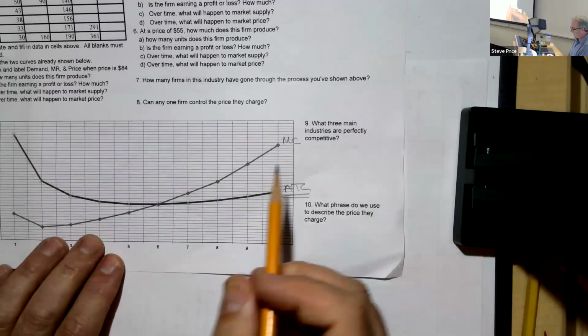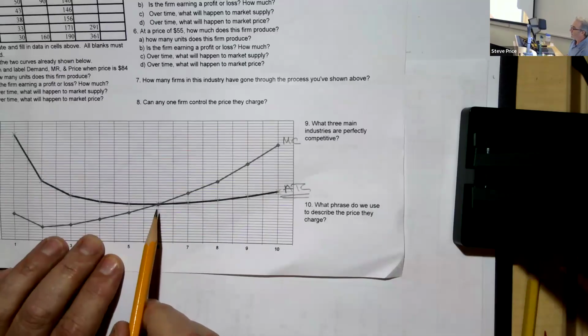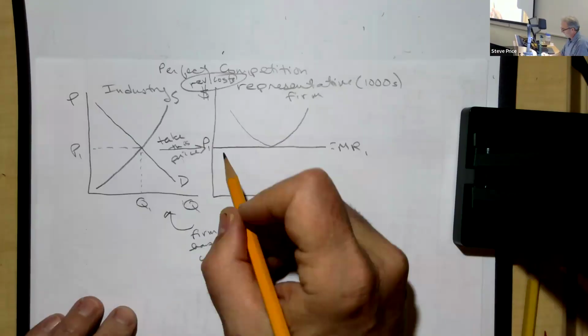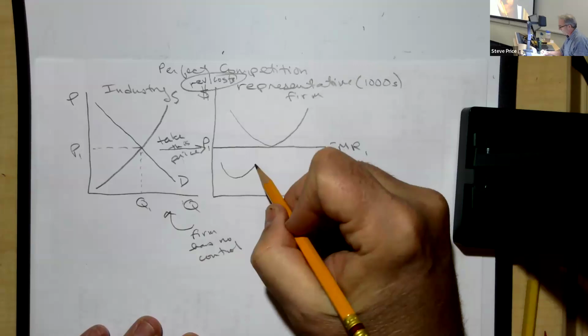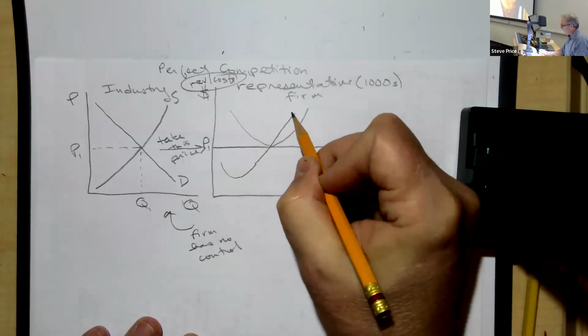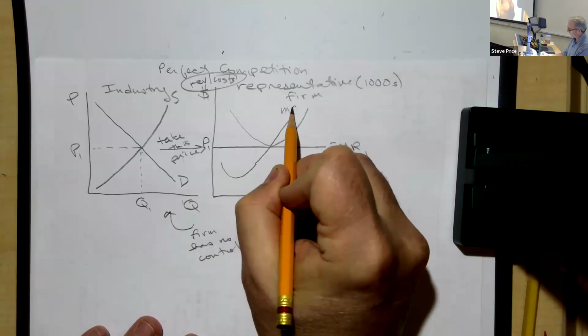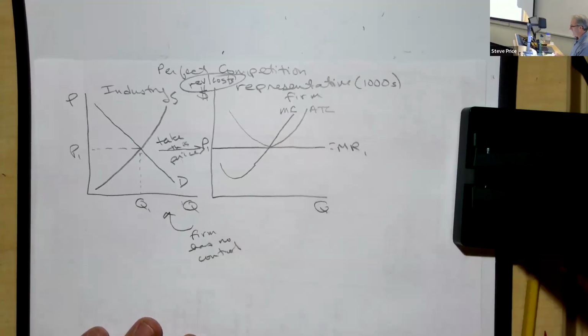Can you characterize what this point is? Yeah, it's the minimum point. It's the lowest possible cost. So do this. Here's marginal cost coming up. And here's what's key when you draw this or interpret it: it needs to come up through that minimum point at an angle. There is our marginal costs. There is our average total costs.